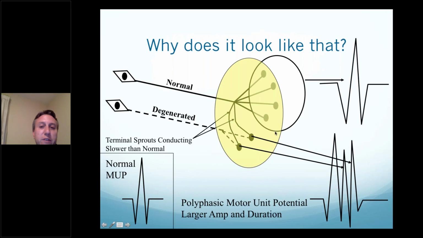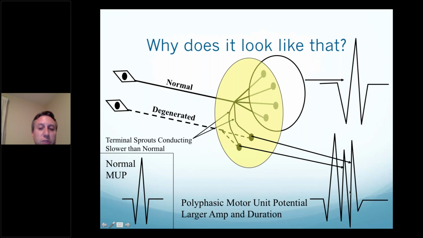They're firing at different times. So here's the original 4. Here is this one here. Here is that one here. So instead of all firing at the same time, they fire at different times. These 4 fire at once, but then this one fires here, that one fires there. So we get a polyphasic, meaning they're all discharging at different times. And it's a long duration because now we can see from when the entire motor unit discharges, it starts here and ends here.